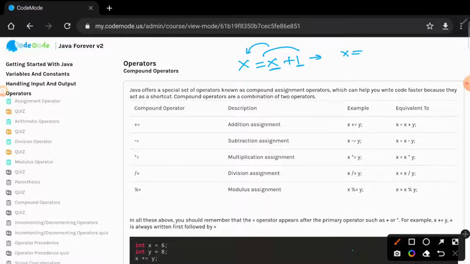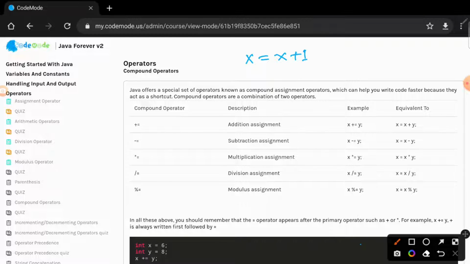So suppose x equal to 5 right now. So x will be 5. You will add 1. This becomes 6. Basically, this whole thing translates into x equal to 6. As you can see, we are incrementing the value of x by 1 when you write x equal to x plus 1.